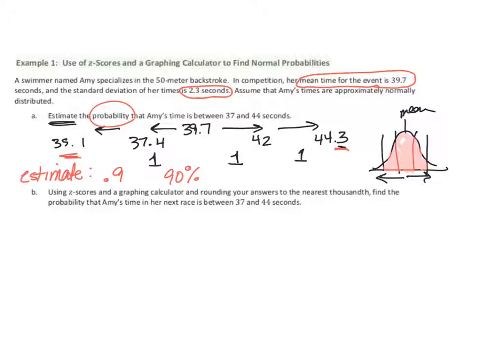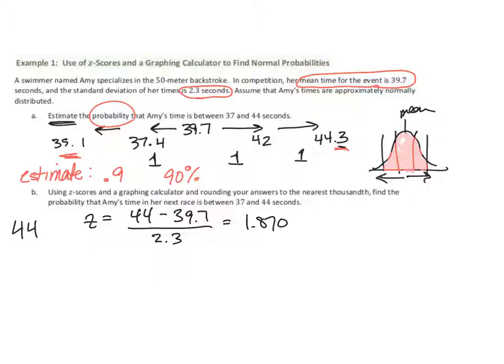Using z-scores and a graphing calculator and rounding your answers to the nearest thousandth, find the probability that Amy's time in her next race is between 37 and 44 seconds. All right, so let's calculate some z-scores. First, let's look at the 44. So we have z equals 44 minus the mean over the standard deviation, and we get 1.870.